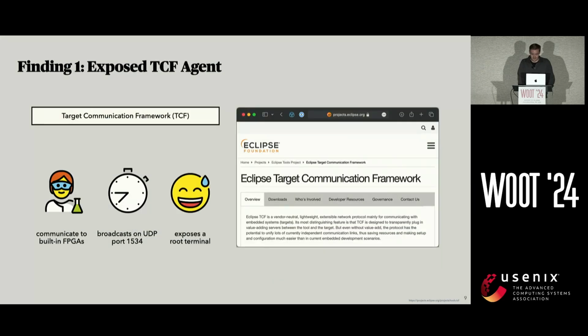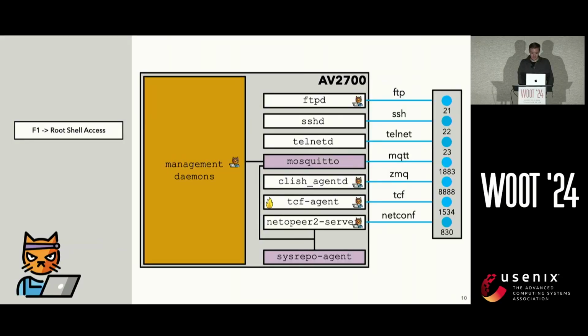It's basically exposing a root terminal because it's just meant for developers to execute commands on the RU. So that's intended, but leaving it before deploying it is a security hazard. So that first finding gives us root shell access to the RU.